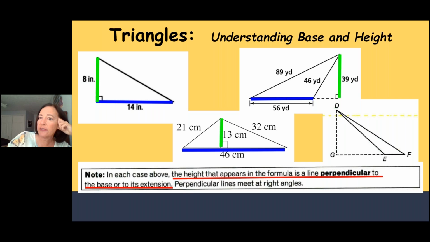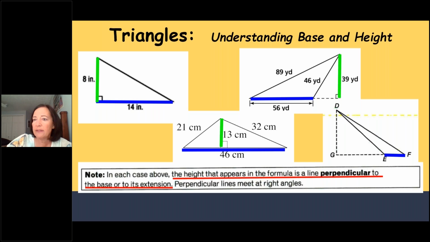I have students, the dotted line that goes between the blue line of the base and the green line of the height, that's called the extension. That extension is not included in any of our dimensions. We're not going to multiply that or use that at all when we calculate the area. But I just wanted to show you where and how we're going to be calculating the height. And then we've got one more triangle.